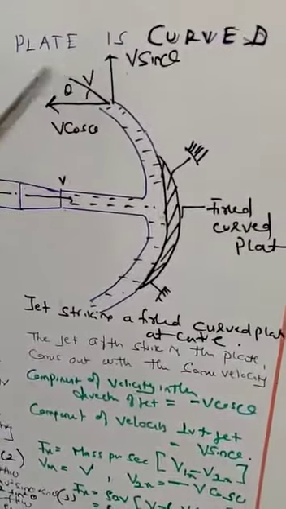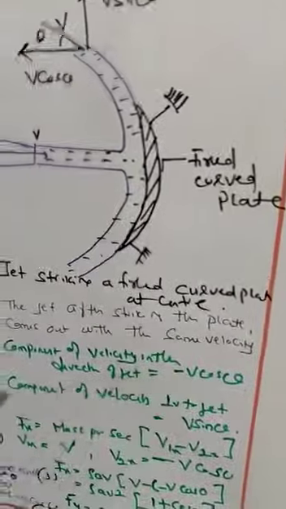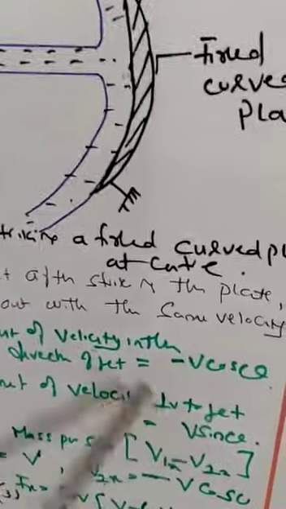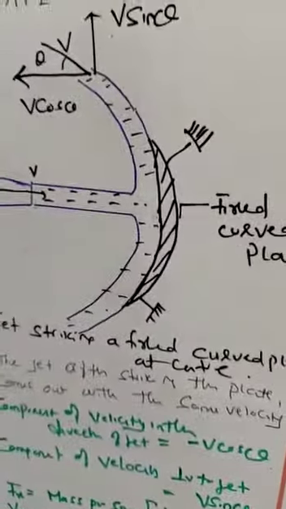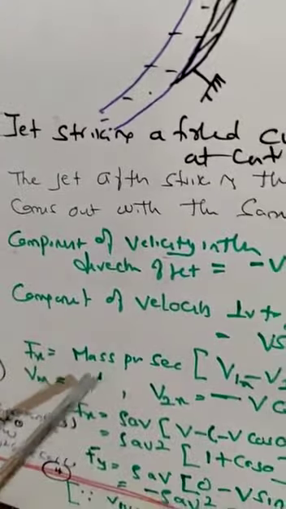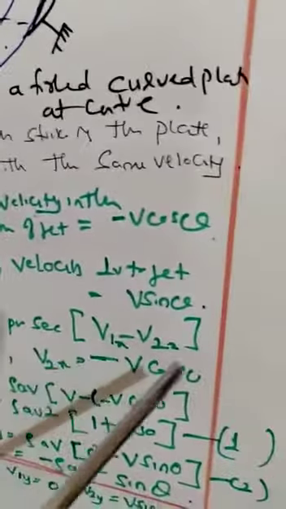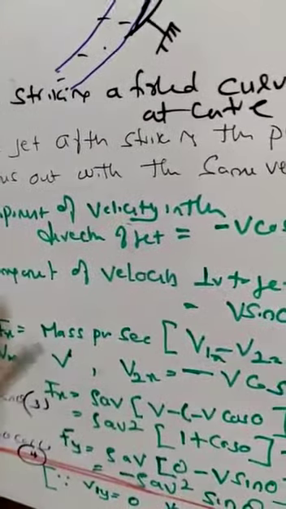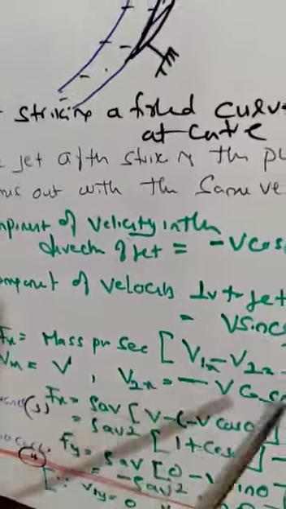That is in the opposite direction of the jet, so we take it as minus v cos theta, and the component of velocity perpendicular to the jet is v sin theta. Hence using Newton's second law, mass per second into (v1x minus v2x), where v1x is v and v2x is minus v cos theta.